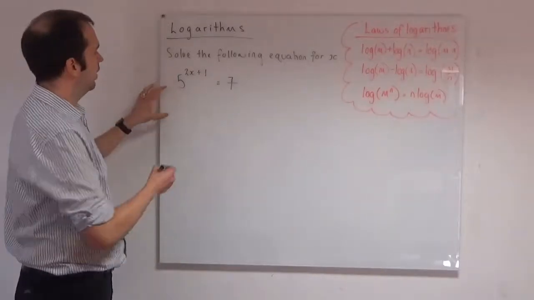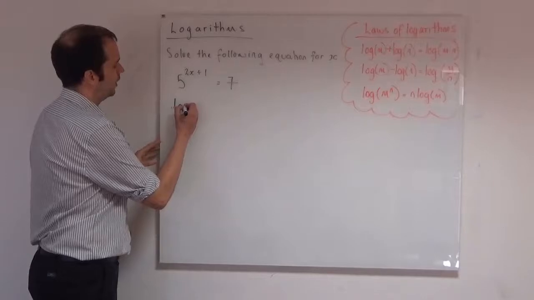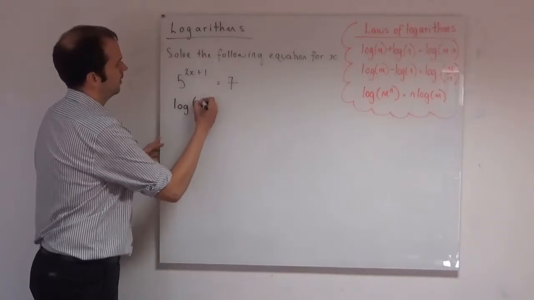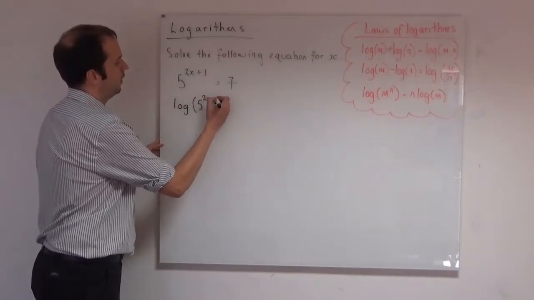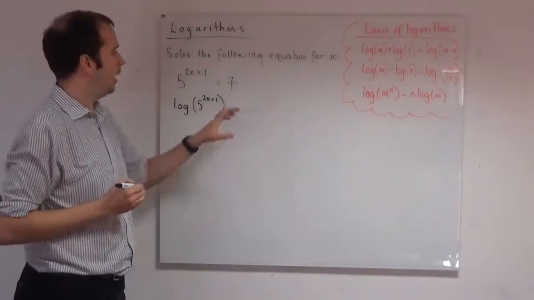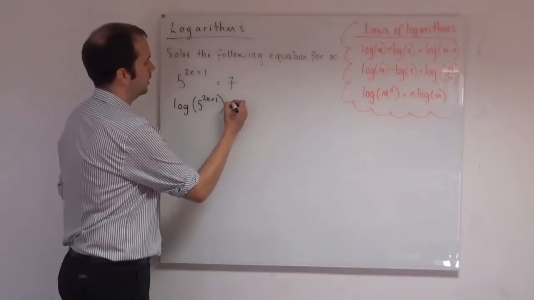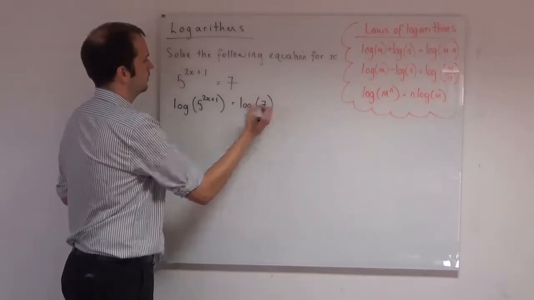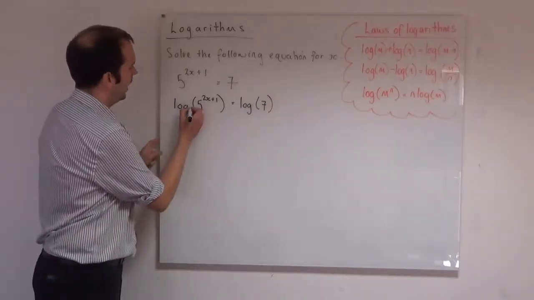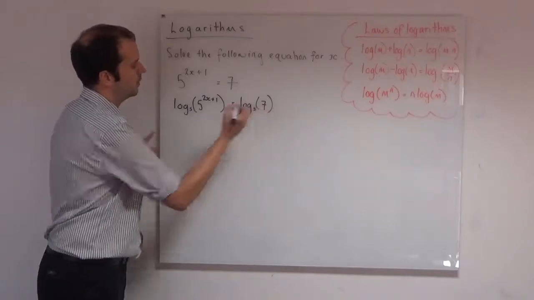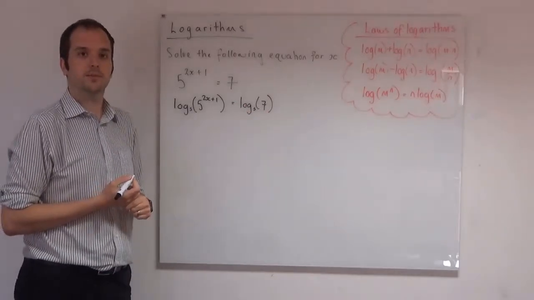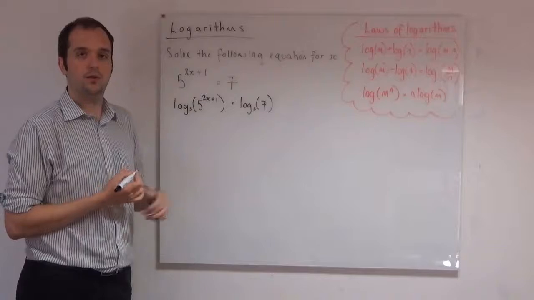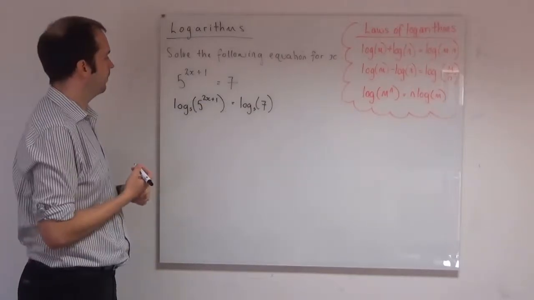We take the log of everything on the left hand side of our equation, and we take logs of everything on the right hand side. Okay, and we said we were going to do it to base 5. The reason for that will hopefully become clearer in a minute.